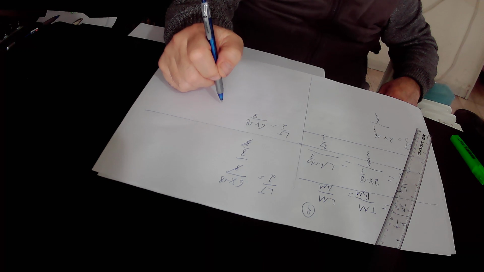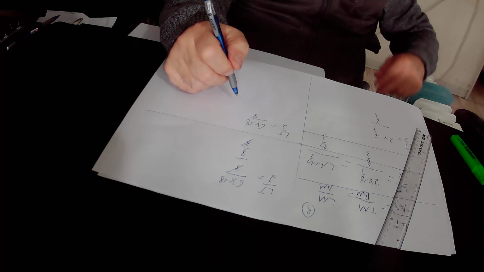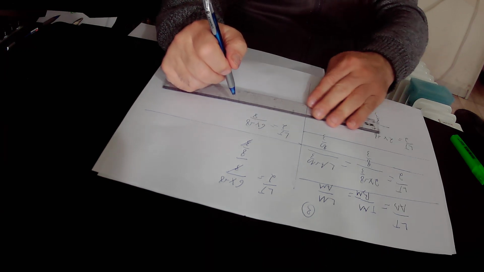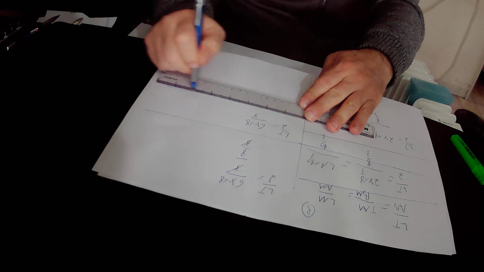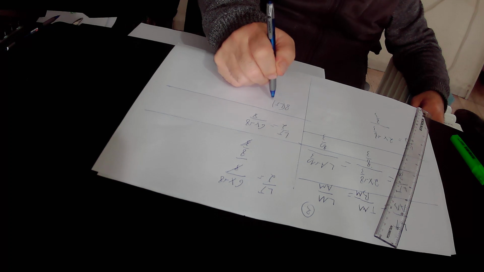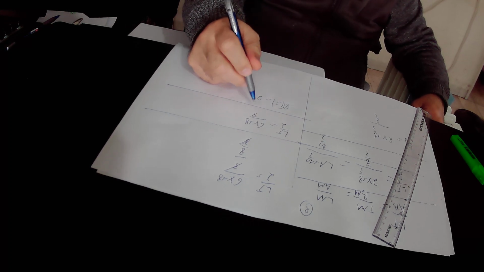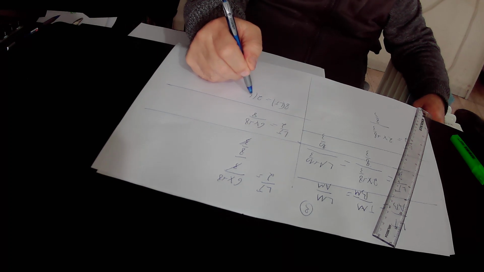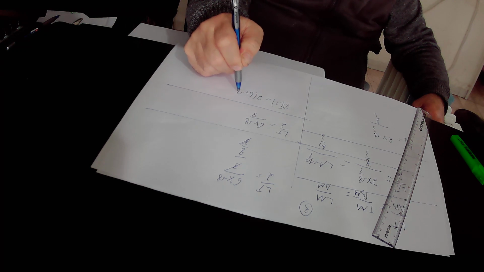Here we cross multiply this equation and we get that 8 times LT equals 2 times, and inside the brackets we have 6x plus 8.